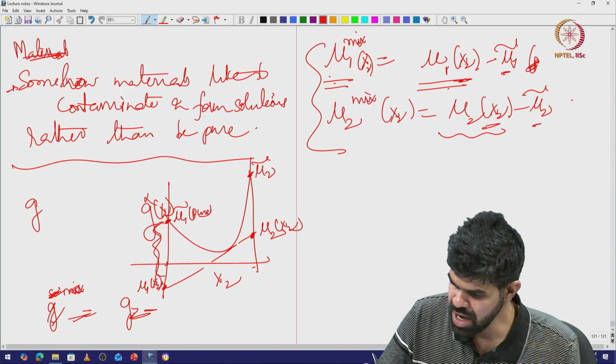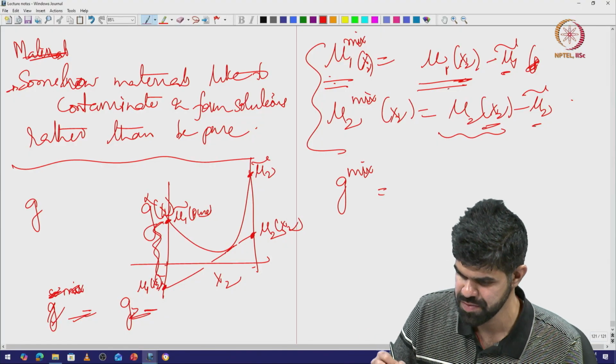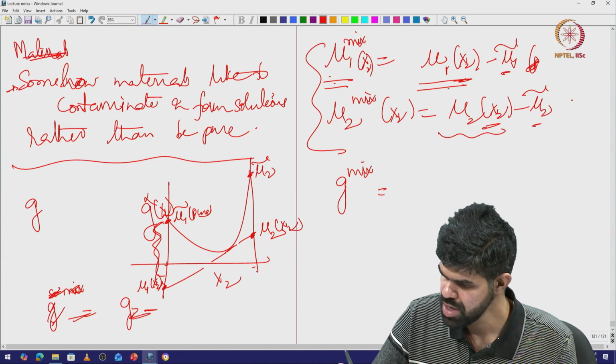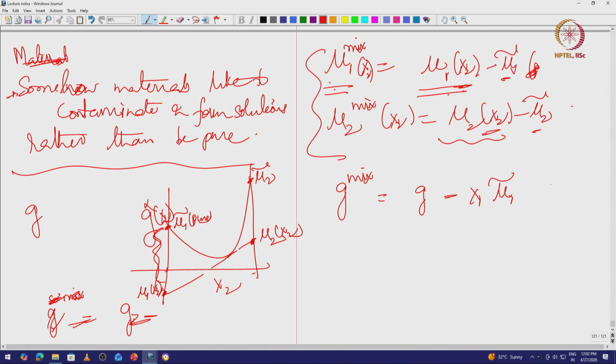All right. Now, I know what G mix is. G mix is G minus x1 fraction of mu 1 tilde minus x2 fraction of mu 2 tilde, and G in itself is x1 mu 1 plus x2 mu 2.